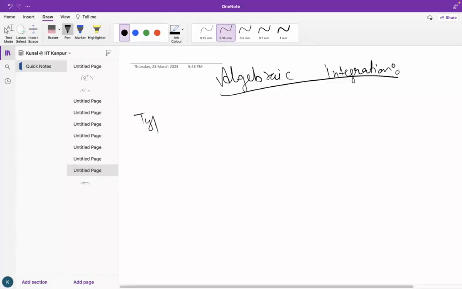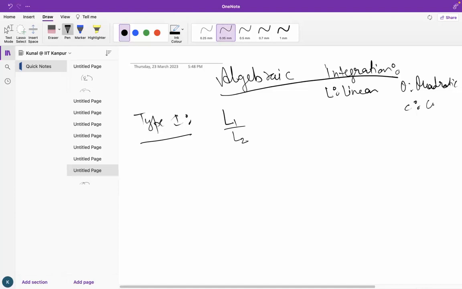So our type 1. If our given integral is of the form linear by linear, L represents linear, Q represents quadratic. There is a shorthand notation which I use in further lectures. C represents cubic. So if the given integrand is of the form linear by linear, linear 1 by root over linear 2, and linear 1 into root over linear 2, how to integrate this kind of problem?